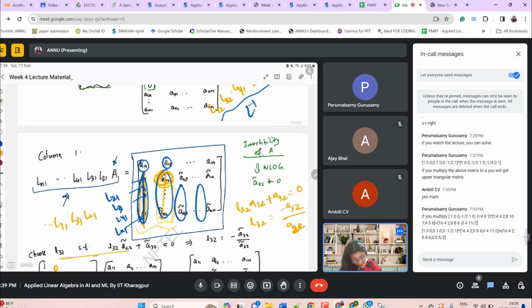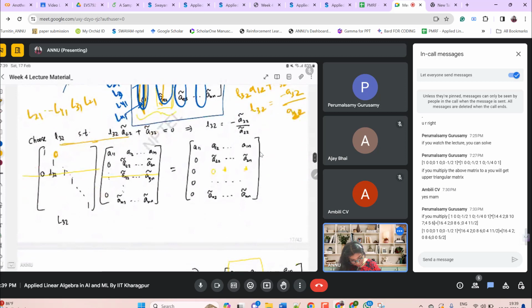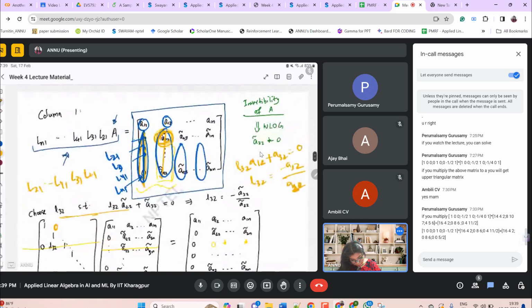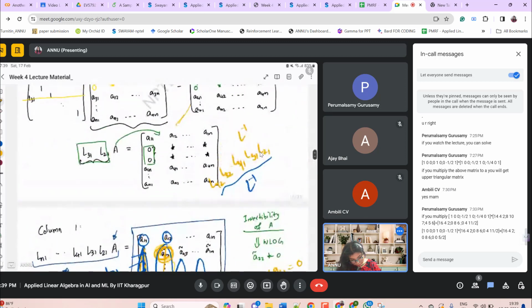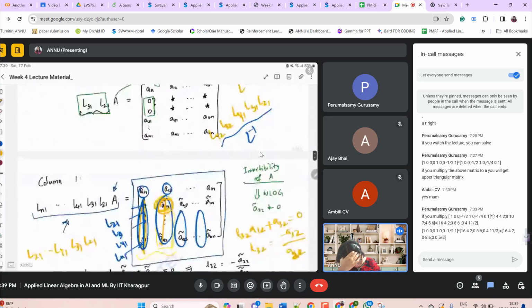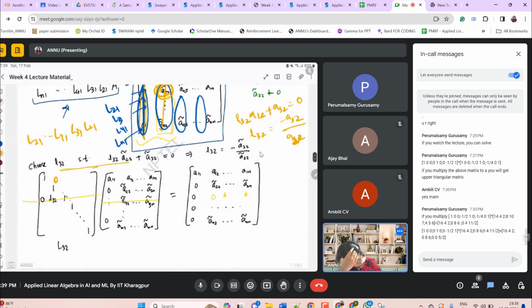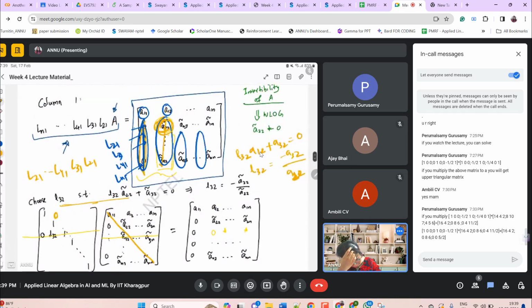Now what is this? This is nothing but L21. This is L22. L21, L31, and this L32. Okay, sorry. This one we will make 0. This we have to keep.